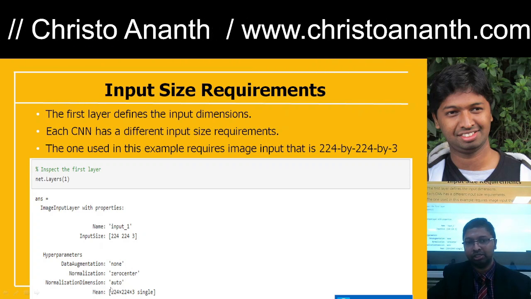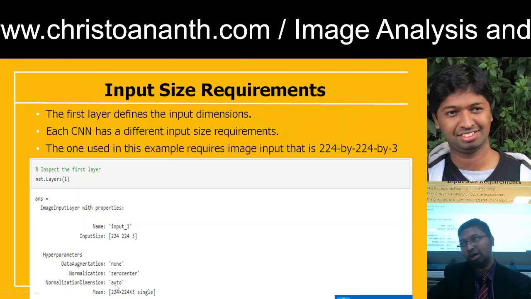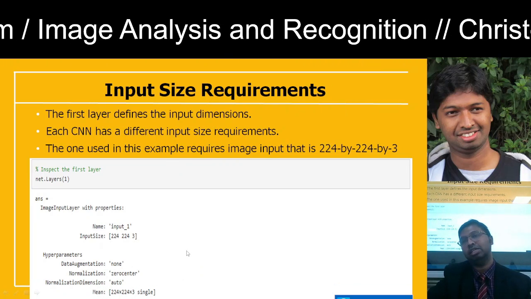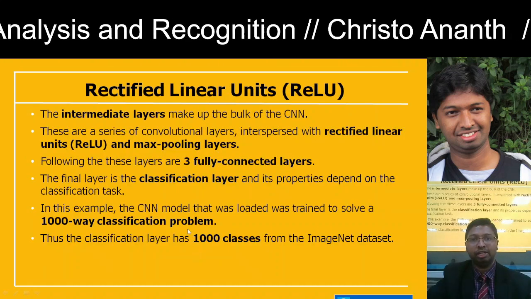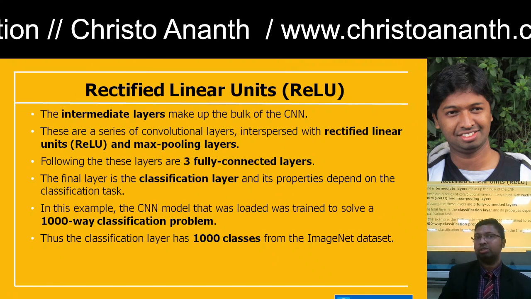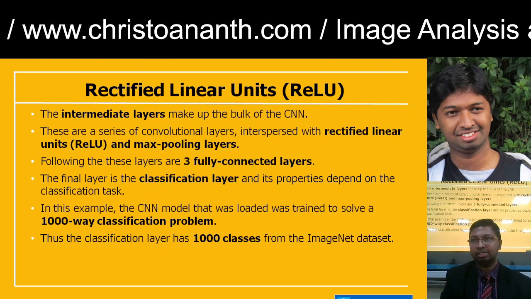Hyperparameters: data augmentation none, normalization zero center, normalization dimension auto, and mean 224 by 224 by 3 single. And then finally ReLU, rectified linear unit.